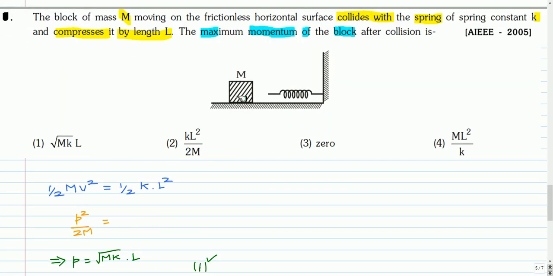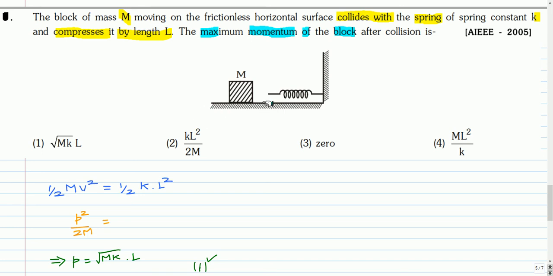So initially the mass m is moving, and when it touches the spring, the velocity is v, and when it compresses fully to the maximum extent, the compression is L and the block will come to rest. So we can compare the energy when the block just touches the spring and when the block compresses the spring fully.